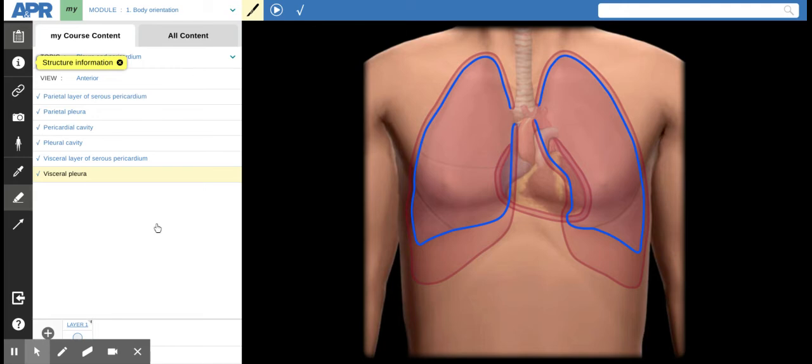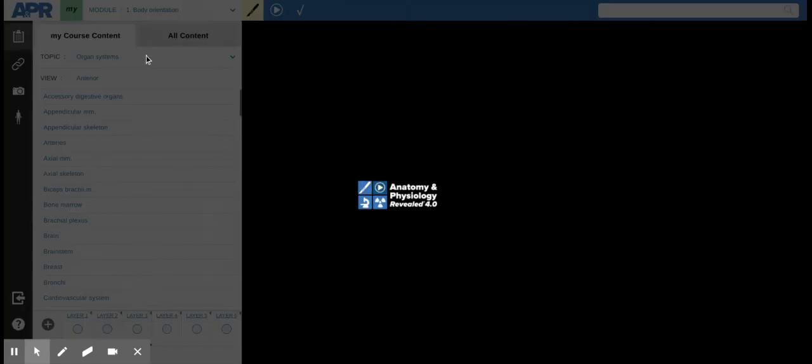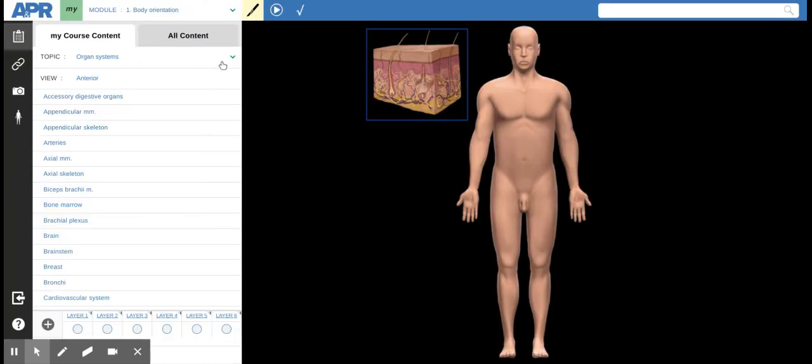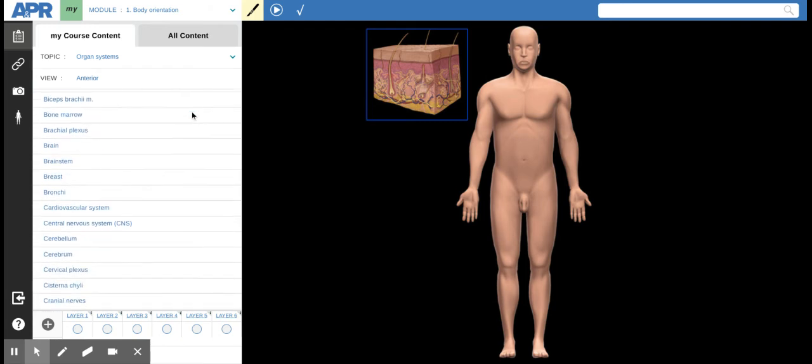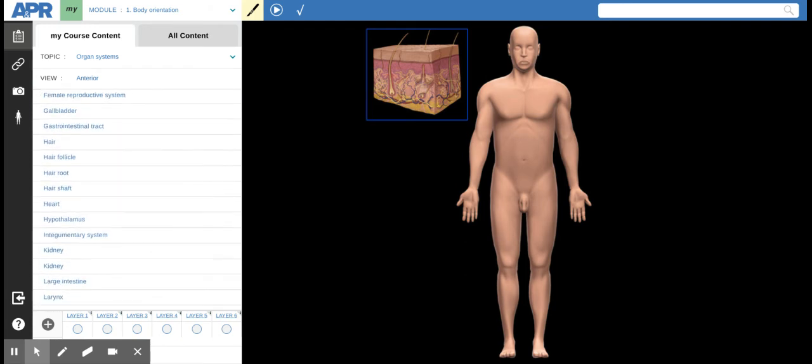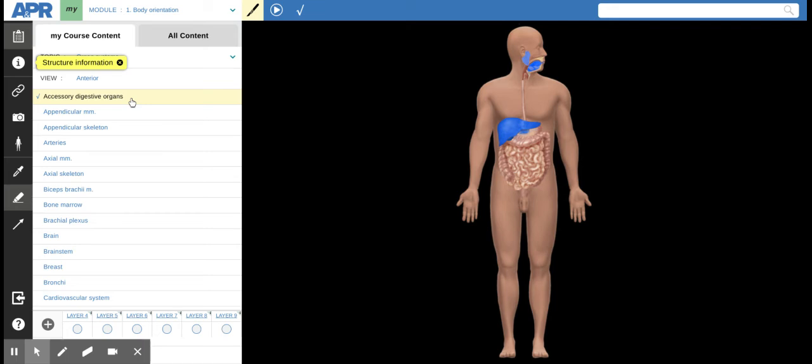Here's a quick look at our organ systems. Here's looking at your digestive system.